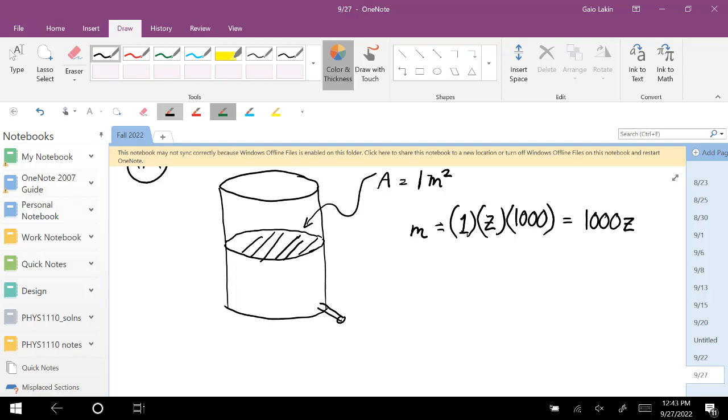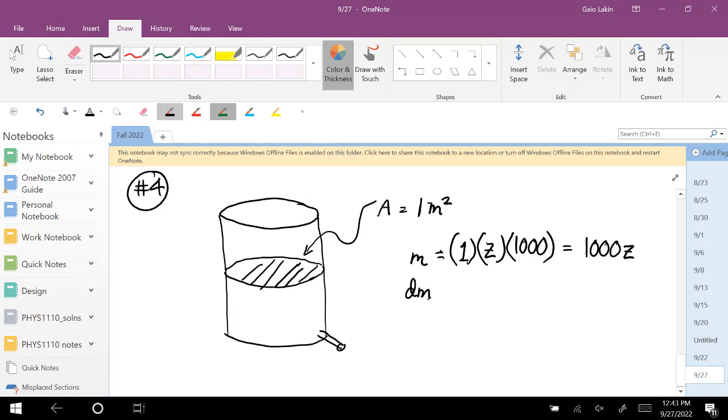And so the key thing that we're going to use to do this problem is that dm dt is d/dt of this thing, which is 1,000 dz dt.